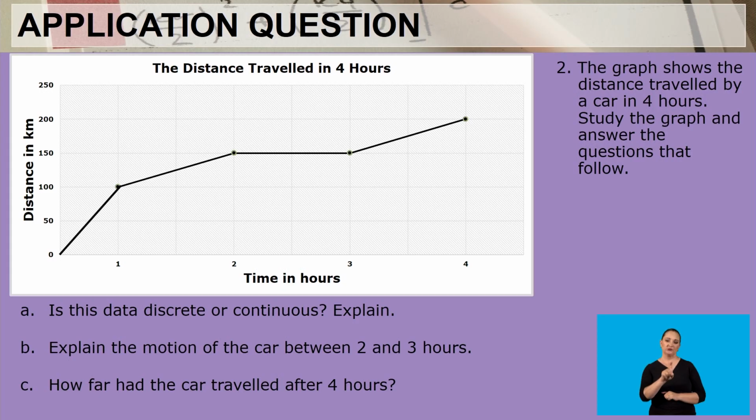The first one says, is this data discrete or continuous? Now, continuous means it may consist of fractions, and discrete means it can only consist of whole numbers, or numbers that can be counted. Now, is this one consisting of fractions, or can it be counted?